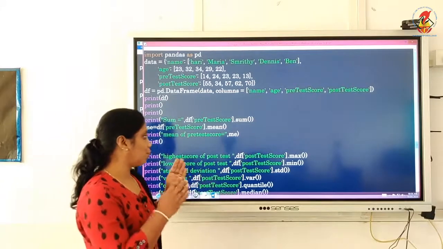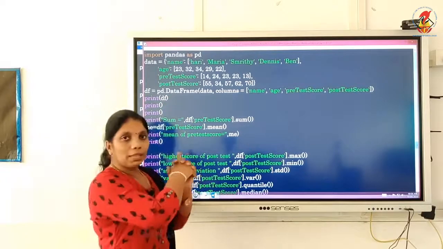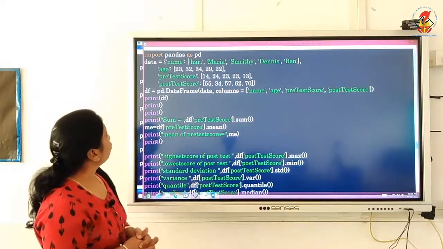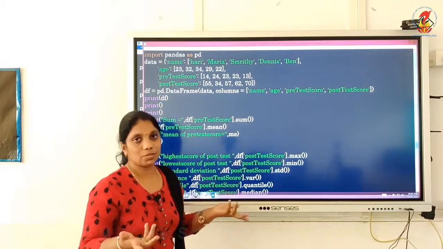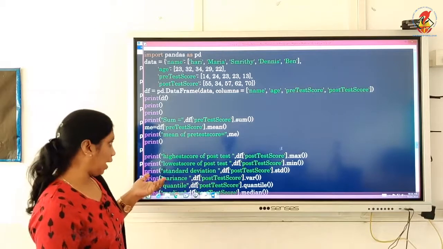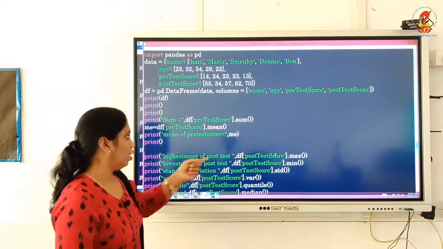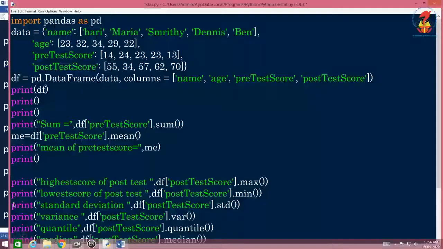That means instead of writing post test score, depending upon the position or location of your column, that number also can be given. So it's basically 0, 1, 2, 3. So df of 3 dot max will also give you, but this is easier. So that we can identify which one I am going through, I am using this technique. So min and max, you know what it is doing. Let's run the program.